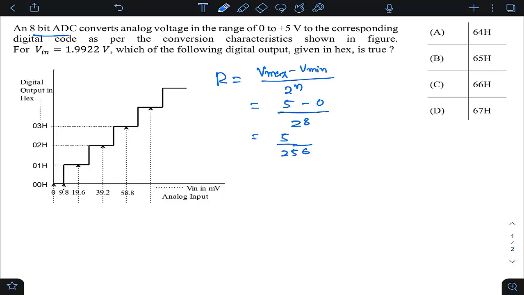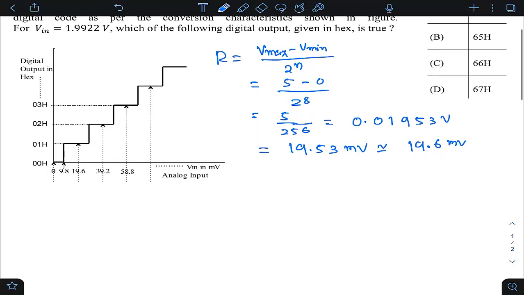If we evaluate this, the answer happens to be 0.01953 volts, which is equivalent to 19.53 millivolts, which is close to 19.6 millivolts. It will not matter. So 19.6 millivolts is the resolution.